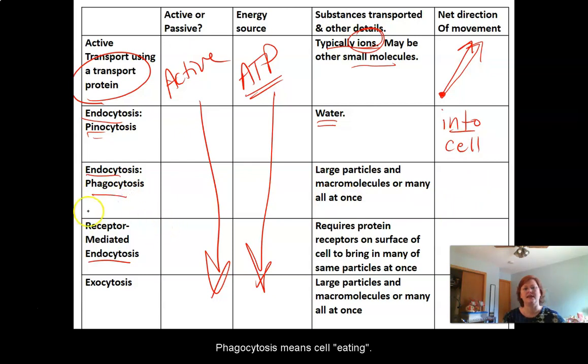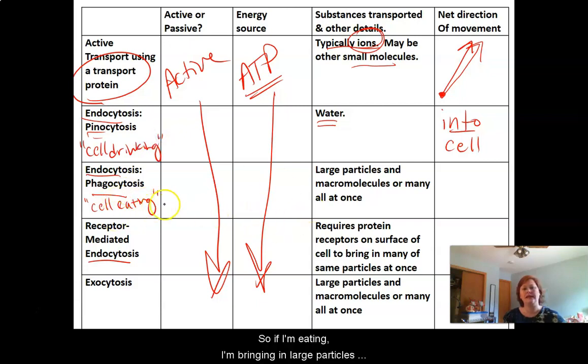Phagocytosis means cell eating. Pinocytosis means cell drinking. So if I'm eating, I'm bringing in large particles or a lot of particles all at once. It's endocytosis, so again, into the cell.